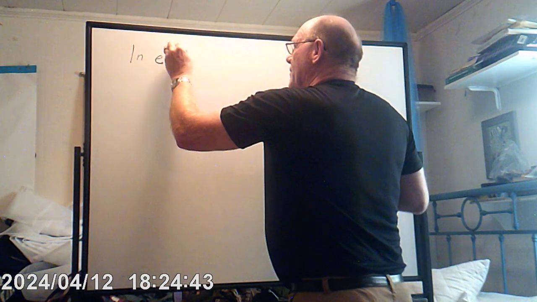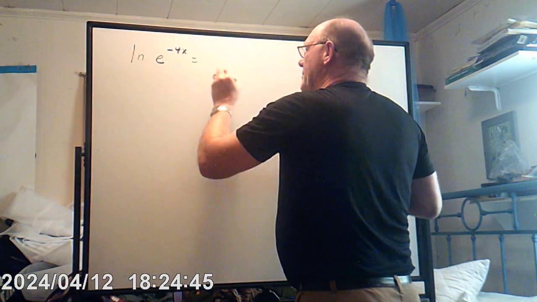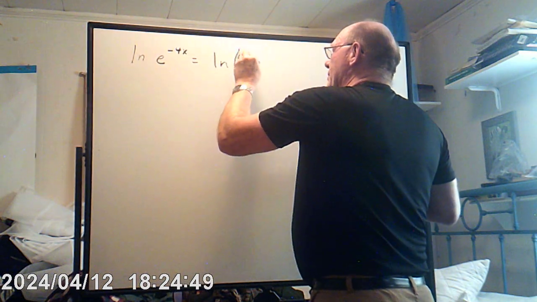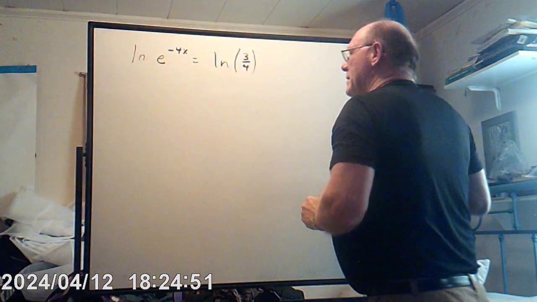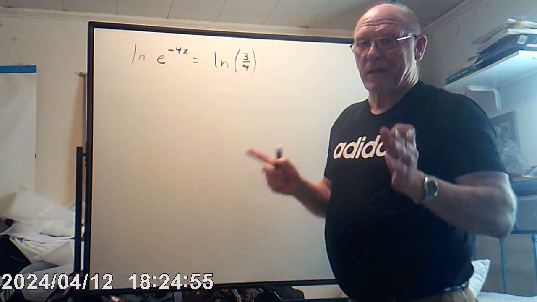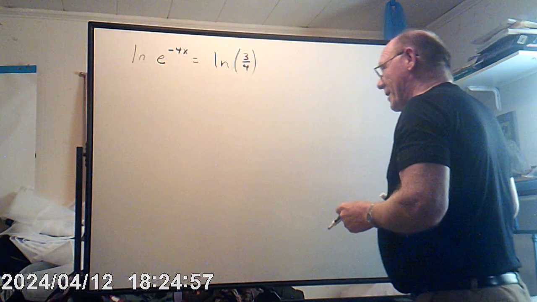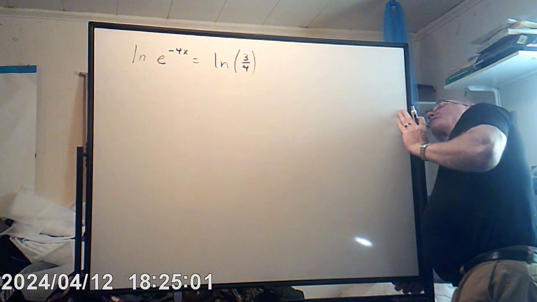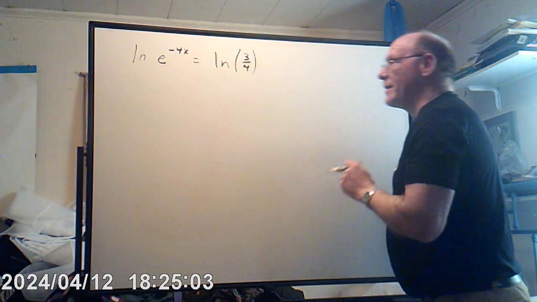e to the -4x is equal to, ln, I want to say this is 3/4. And that's good because ln is positive. ln cannot be negative, otherwise we are really in trouble. Alright, so let's see, I'm making sure I got everything right. Okay, that is.